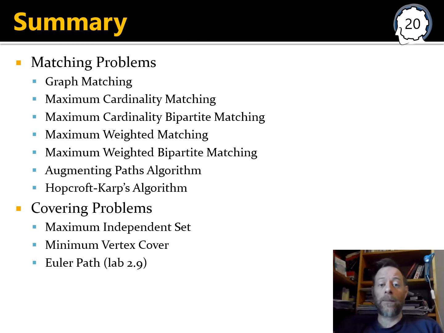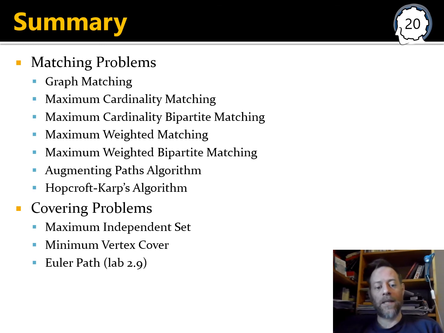Then I also talked about covering problems. For example, we want to find a maximum independent set, which is finding vertices that have no neighbors. So for every edge, we can include at most one of the two vertices.